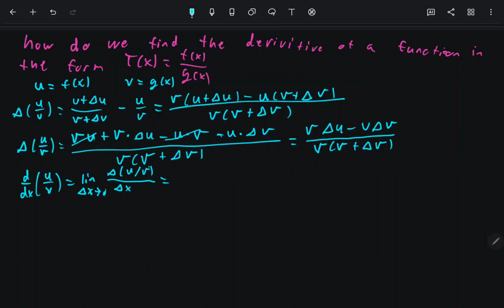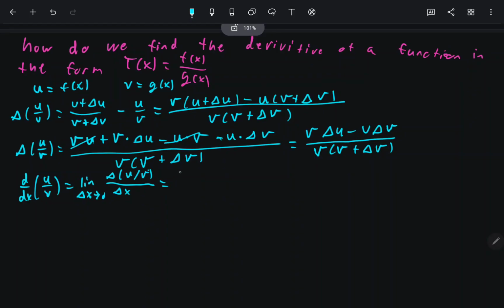Expanding everything out there. I suppose I could probably make this a bit easier for you to understand. So the way that I'm going to do this is by showing you the process. So we're going to plug in this humongous chunky thing.